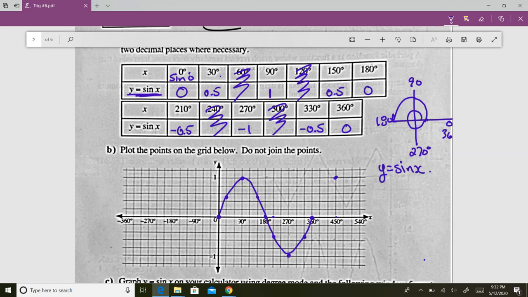If you do sine of 540, you'll get 0. So the graph actually keeps going. In fact, it goes on forever in the positive direction and in the negative direction, because we could start at this point and go here. And that would be negative 90 degrees.